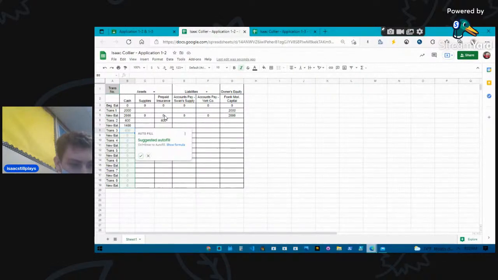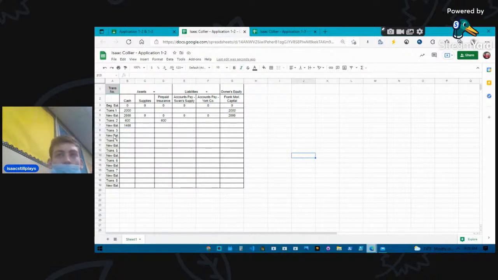And it does the math for you. And you do not want to suggest an autofill because the things are going to be different. Some are going to be adding and some are going to be subtracting. So don't do the suggested autofill. Just take it again. Then you're going to go over here and do 600 there. And because you're only adding it.